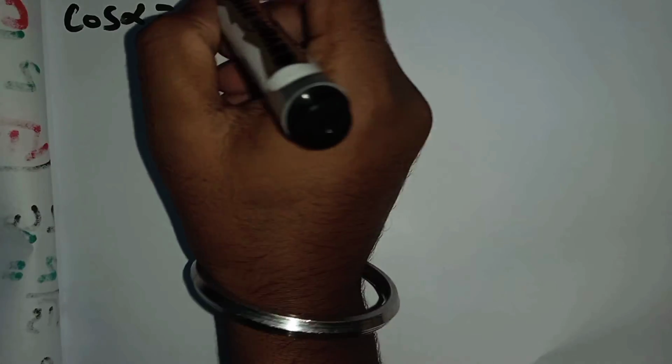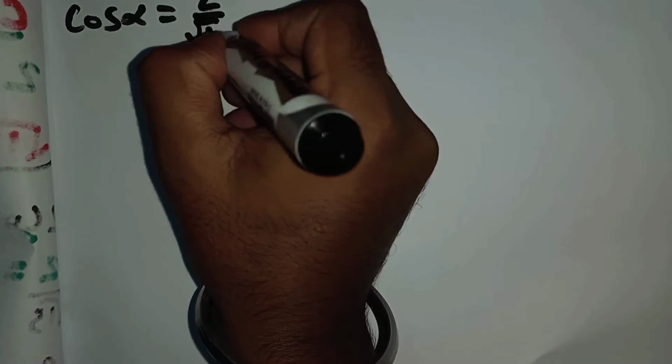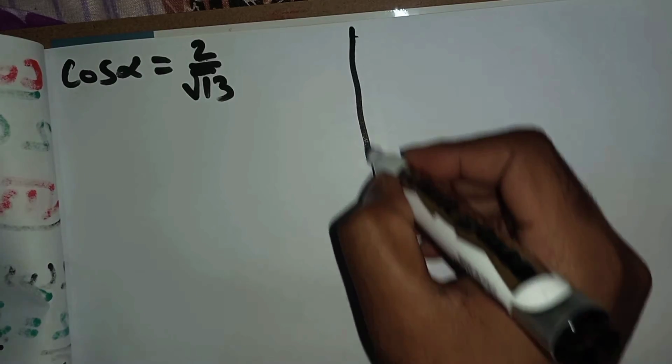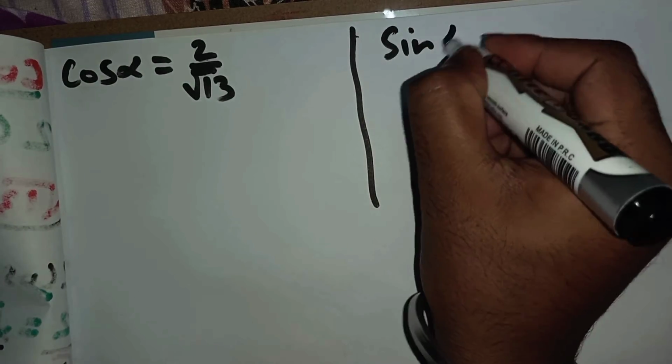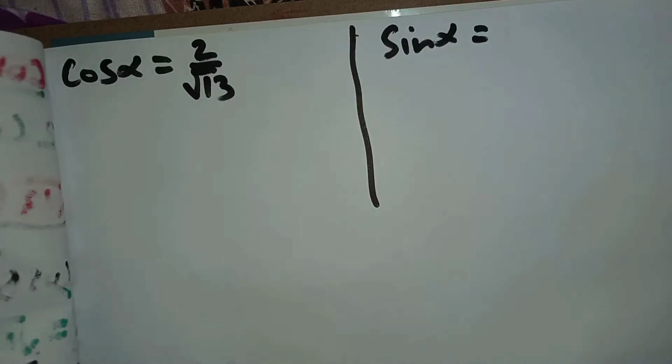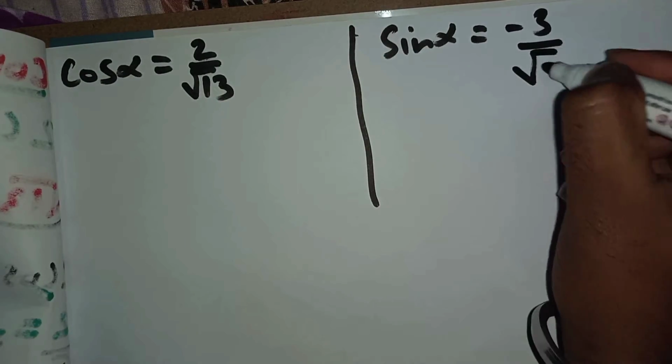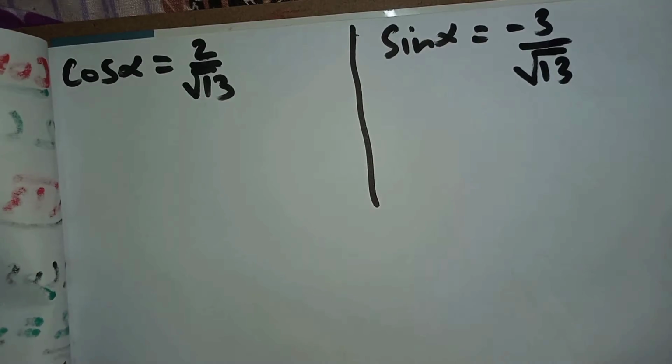So you have cos alpha is equal to 2 over root 13, and this side you have sine alpha is equal to negative 3 over root 13.